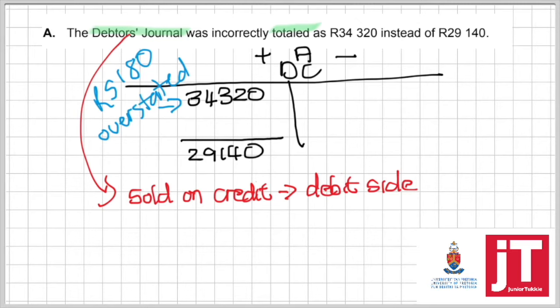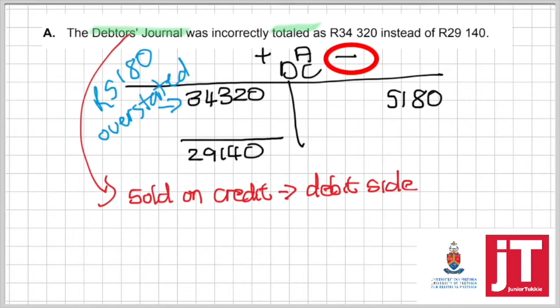We've shown that our book debt is more than what it actually is, which means that we will need to take out 5,180 from the 34,320. So to take it out, we will need to credit the debtors control account, and that will have a negative effect on the balance.